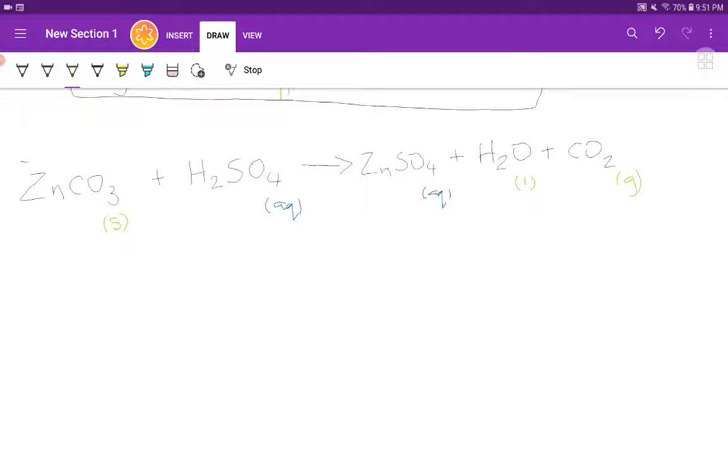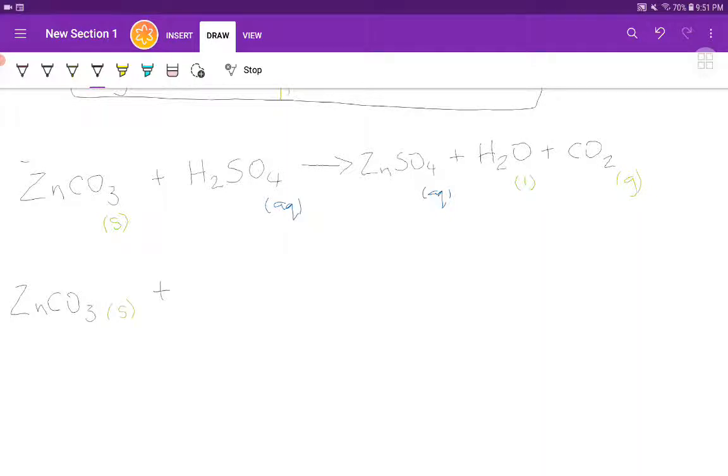So now what we need to do is go ahead and split up those aqueous compounds into their respective ions. The substances that are not aqueous, remember, we are not troubling them. We're not doing anything to them. Those will not split up into ions. Okay, so our zinc carbonate, we're going to go ahead and put it back as a solid.